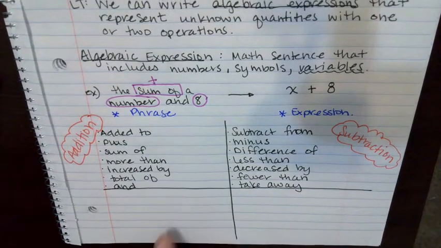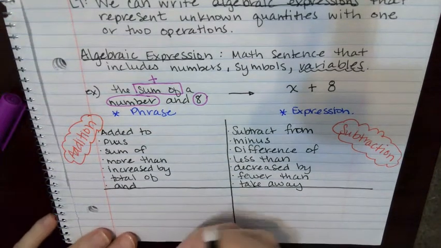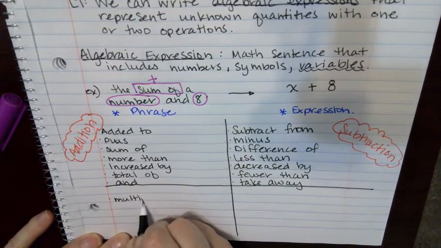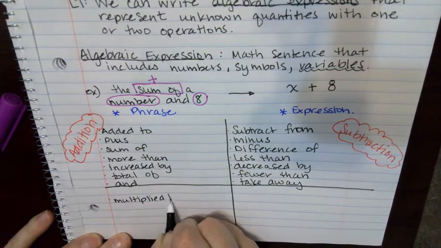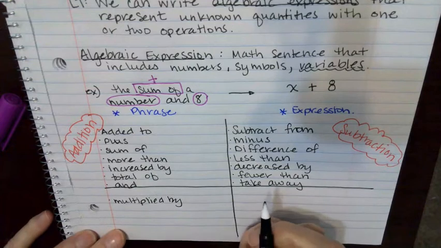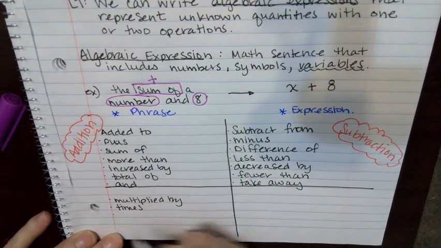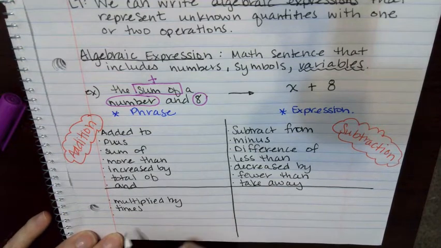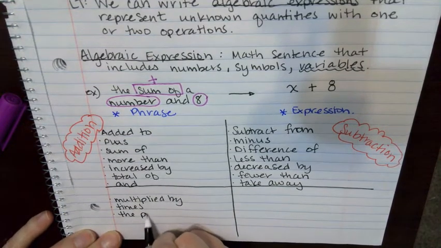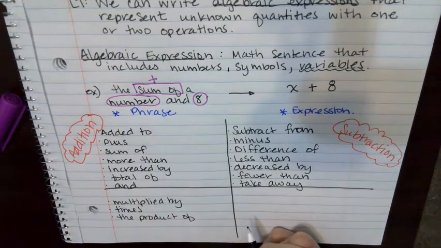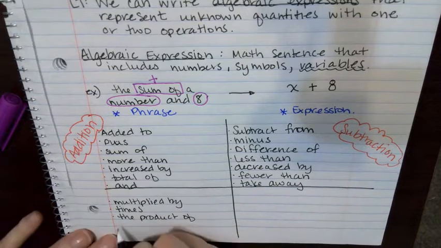For multiplication and division, we actually have just a few less, so that's why I don't have as much space down here. But you could say multiplied by. You could say times. You could say the product of. The product of a number and 7. You could say twice.